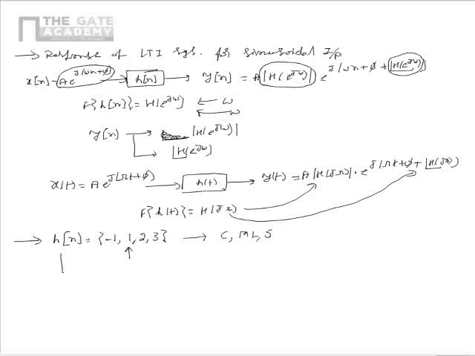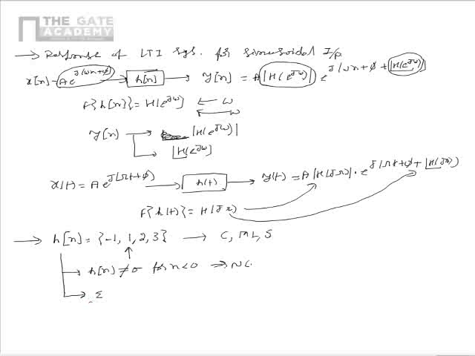Here we see that for the given impulse response, h of n is not equal to 0 for n less than 0. So from this we can say that the given system is non-causal, because for a system to be causal, h of n should be equal to 0 for n less than 0.